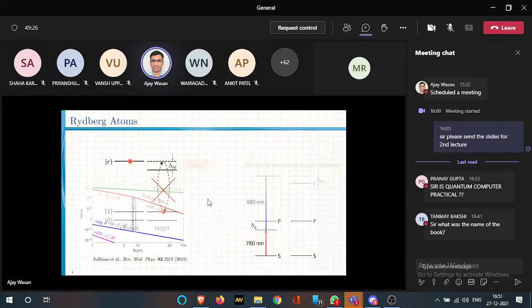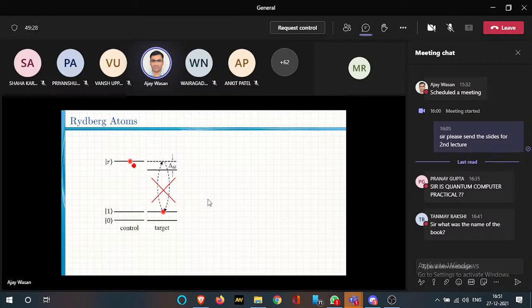A simpler picture I am showing here: if one atom is excited, the other cannot be excited. We cannot take this atom to the other upper state. I am showing here a control and target, whatever I was showing as the C0 gate. That type of configuration. This process is used to make entanglement. Suppose you excite one atom; within some volume, the other atom cannot be excited.